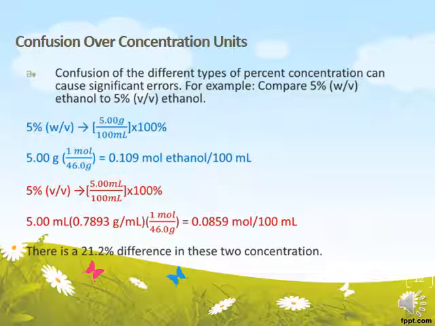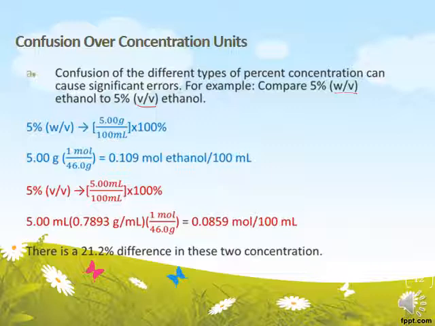So this is the common confusion over concentration units, for example, weight over volume and volume over volume. Let us compare 5% weight over volume ethanol to 5% volume over volume ethanol.